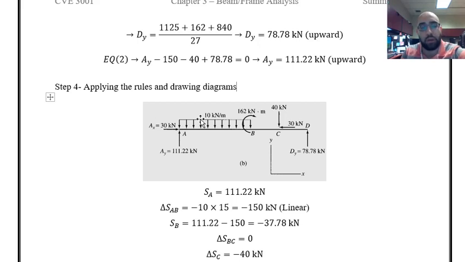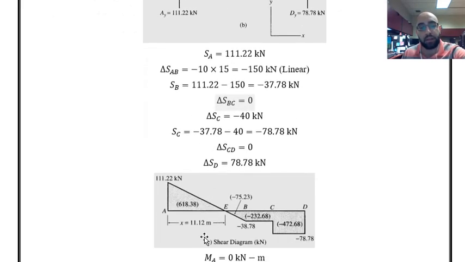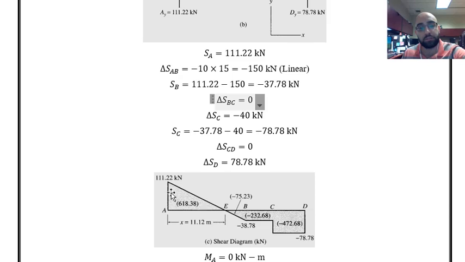But based on that rule, we can say the slope of the shear diagram from point A to point B should be minus 10. The change is equal to minus 150, the change from A to B. And since we have a uniform distributed load, this is going to be a linear change and the slope is minus 10.